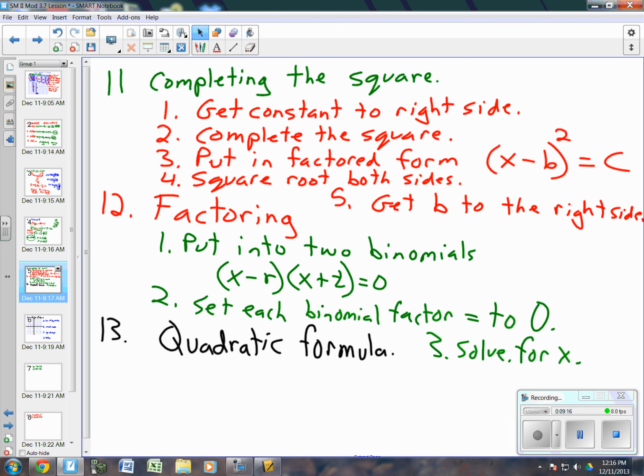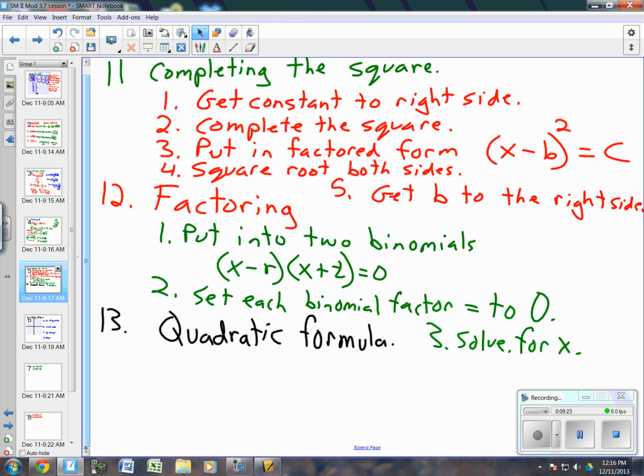I don't even try to see if it can be factored because it'd take forever. If A is 1 and it's factorable, I'll factor it. Or if A is a small number like 2 or 3, then I'll factor it if I think it's factorable.